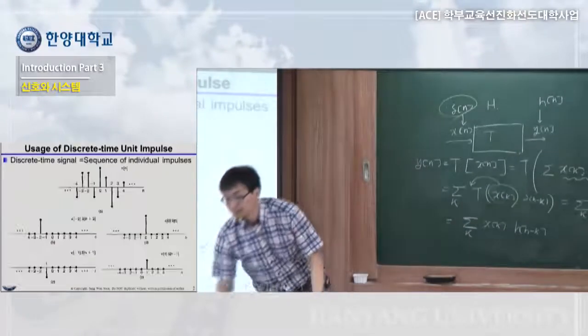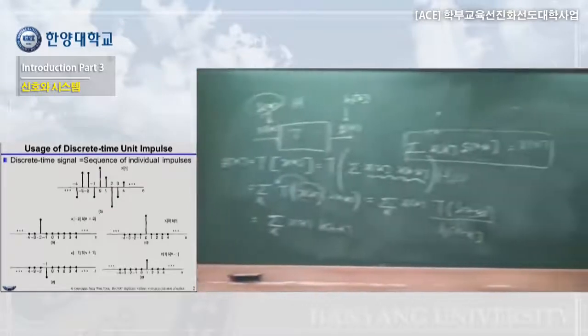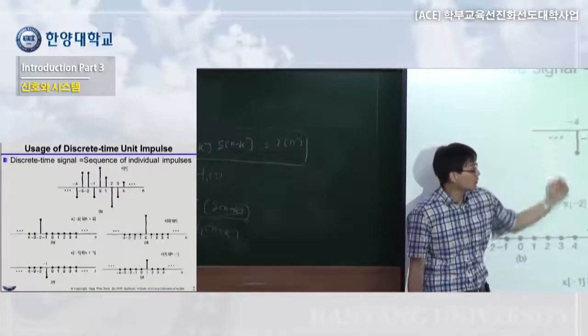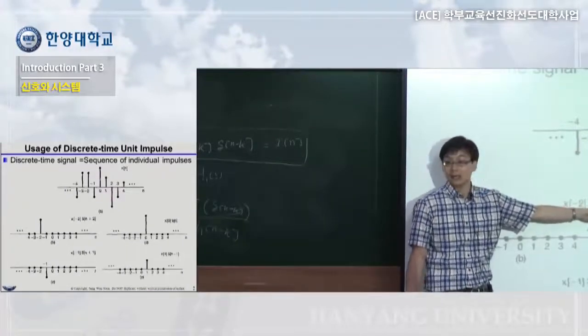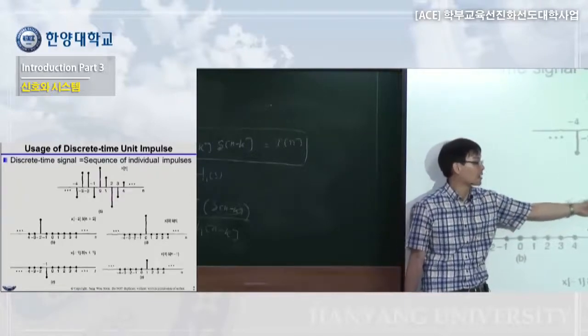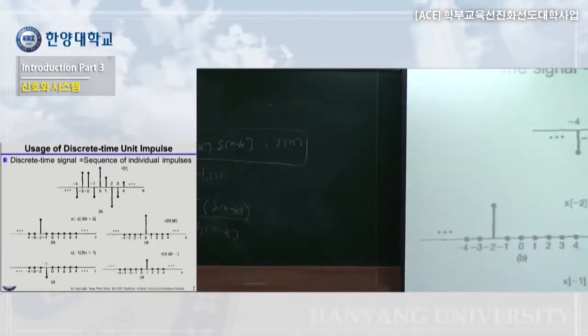Let's go back to here. Here we once said that if you multiply the signal by delta[n minus k], for k equals minus 2, n minus k is n plus 2. Likewise, for k equals 0, n minus k is just n, and for k equals 1, n minus k is n minus 1. So this shows x[k] times delta[n minus k].